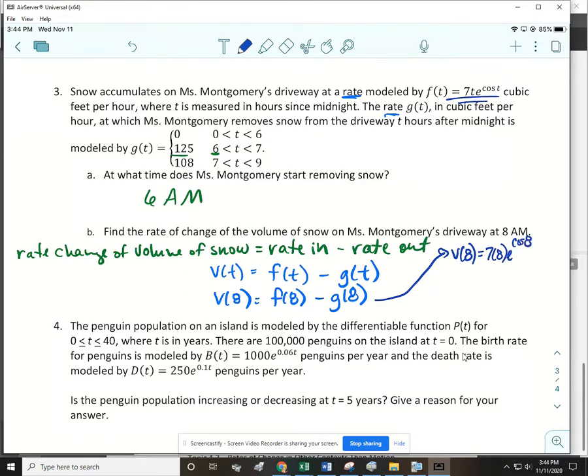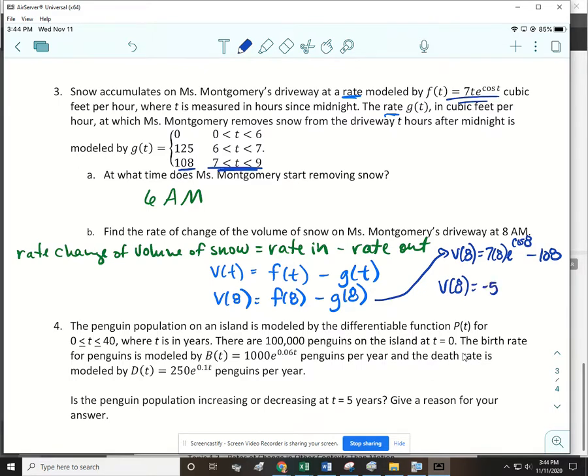And then when I put 8 into the piecewise function, 8 is going to fall in this piece right here. So g of 8 is 108. And then you can just get that from the calculator and round to 3 decimal places.